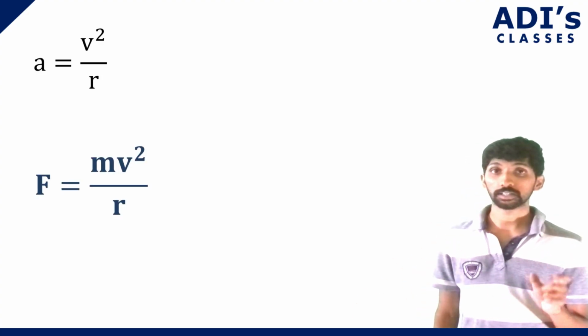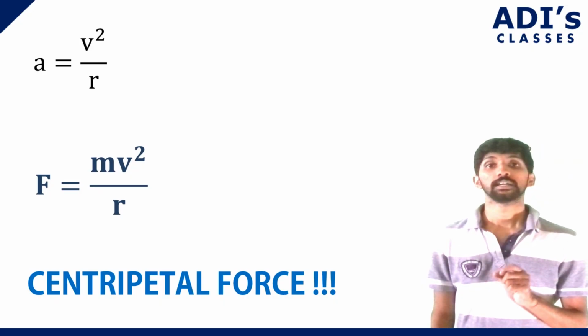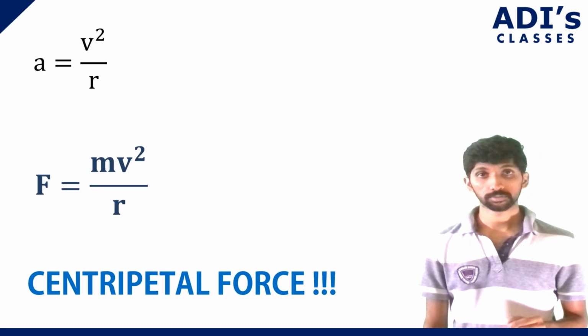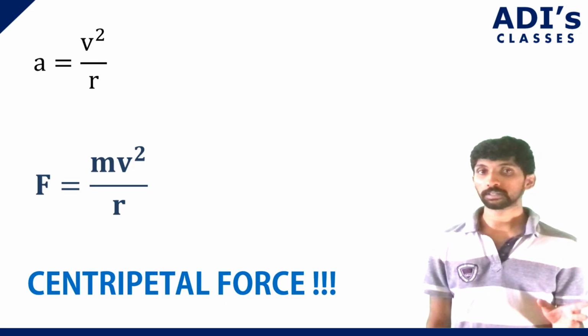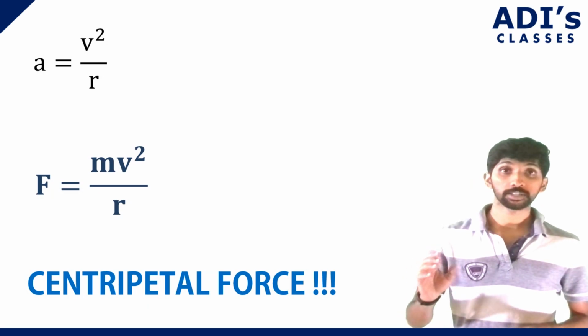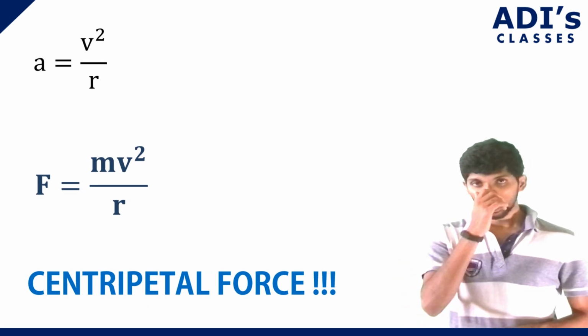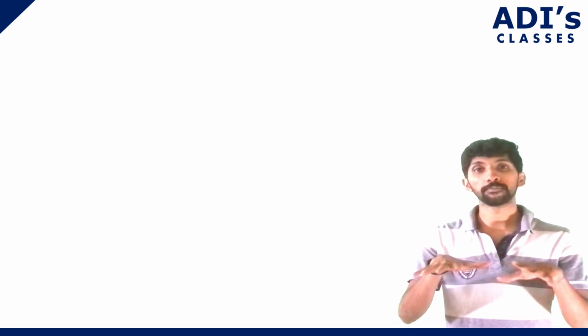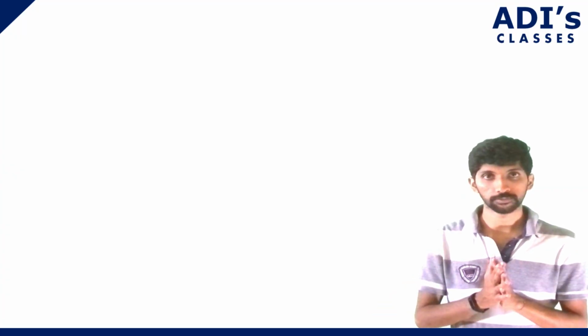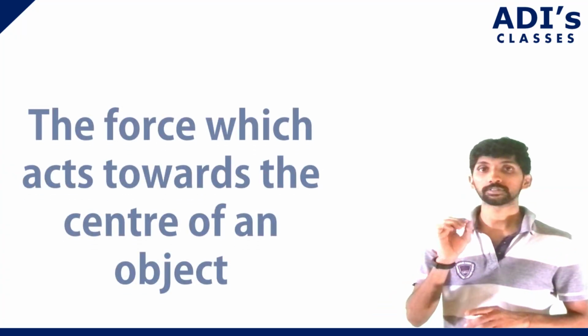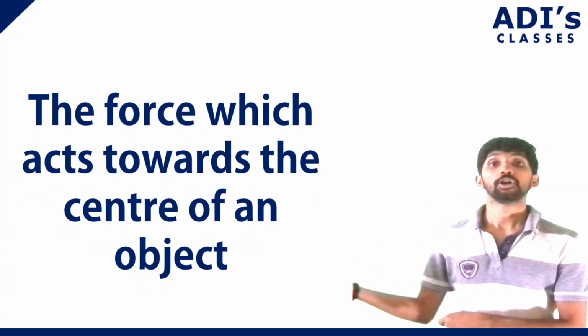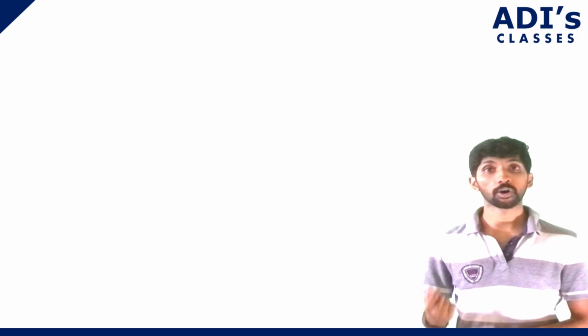This particular term is what we call centripetal force. I know you have heard about centripetal force, but let me review and brush up a few things. Centripetal force is a force which acts towards the center.